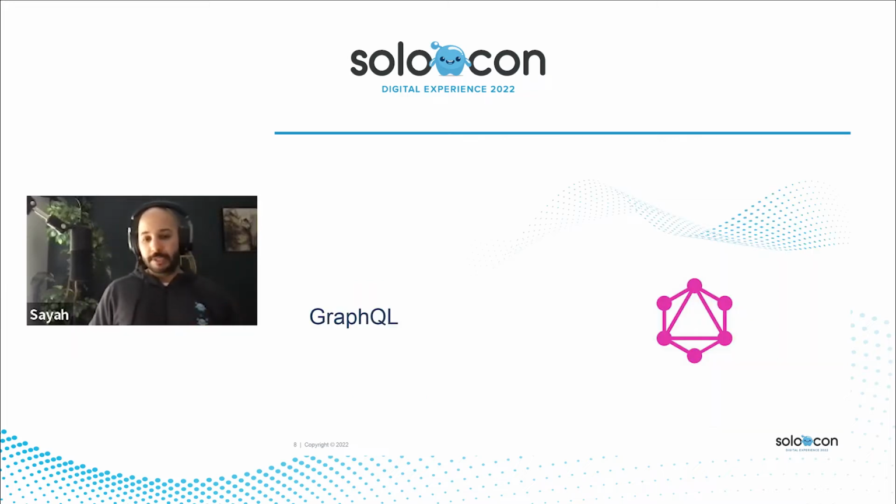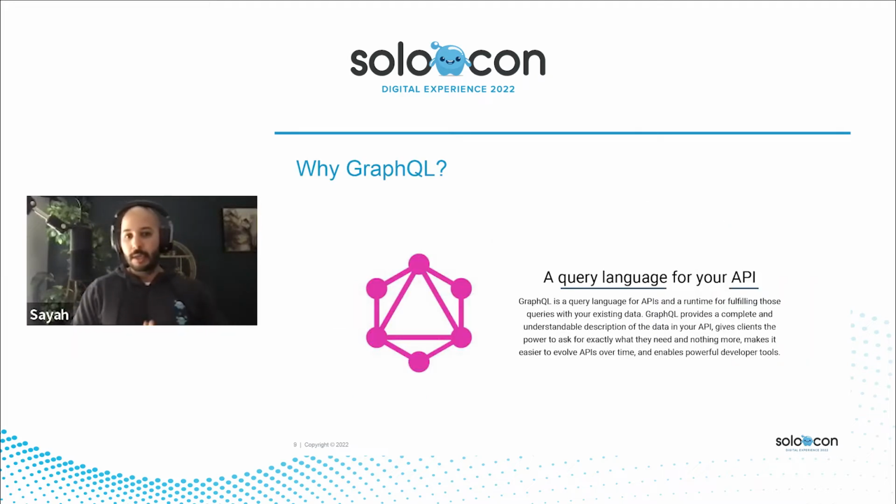So what is GraphQL? Mainly, it's a query language for your APIs, right? So you describe your data as a graph, and you allow a client talking to this endpoint to fetch data from multiple data sources.